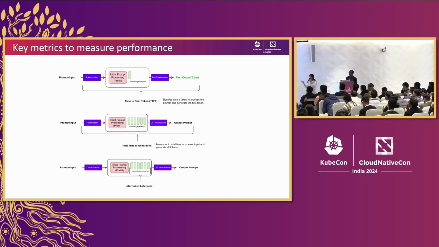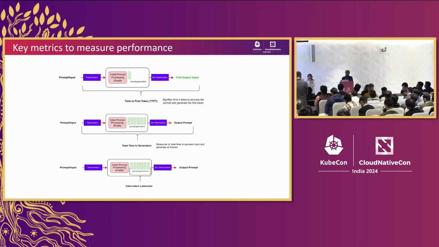Total time to generation is another one, because it measures end to end the total time taken to process my input prompt and generate the output tokens. That also must be in the order of seconds, less than 10 seconds. And then inter-token latency is another thing. Because we are auto-regressive, every time I generate a token, that token gets fed back into the system and the next token gets generated.